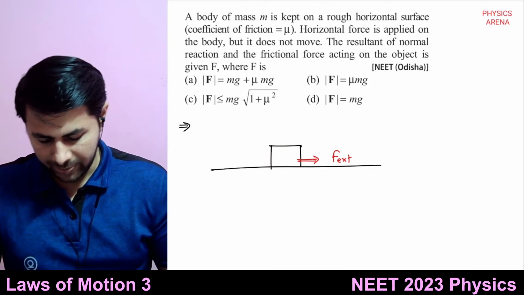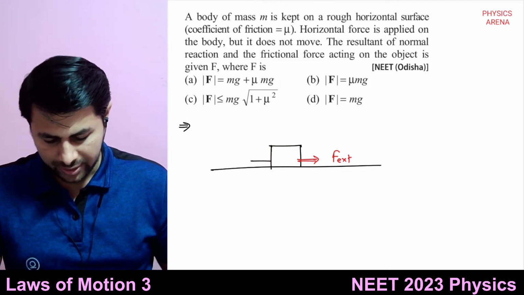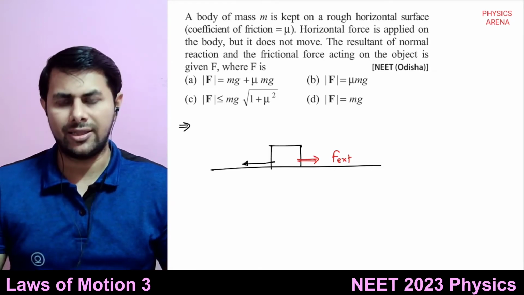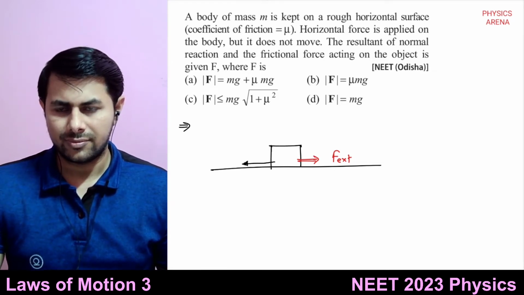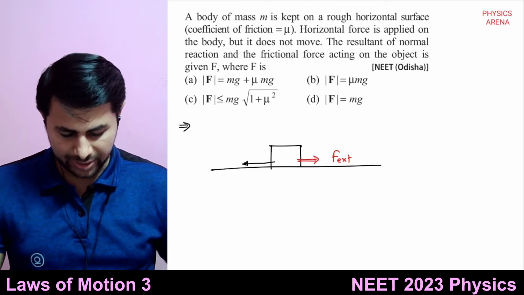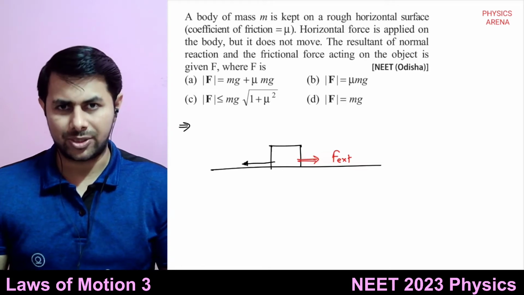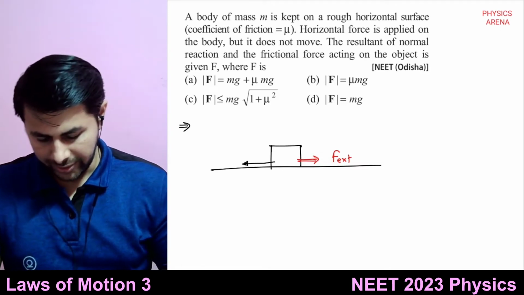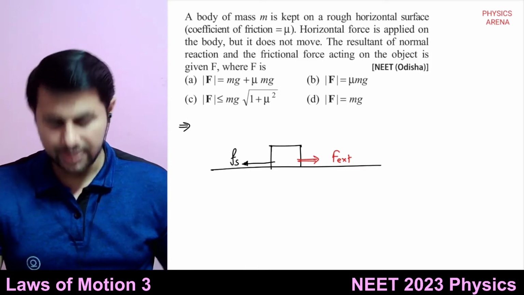That means the frictional force in this case, will it be the limiting value of frictional force or less than that? It will be slightly less, because if the external force is equal to the limiting value of frictional force, the block will begin to move. So this is Fs.